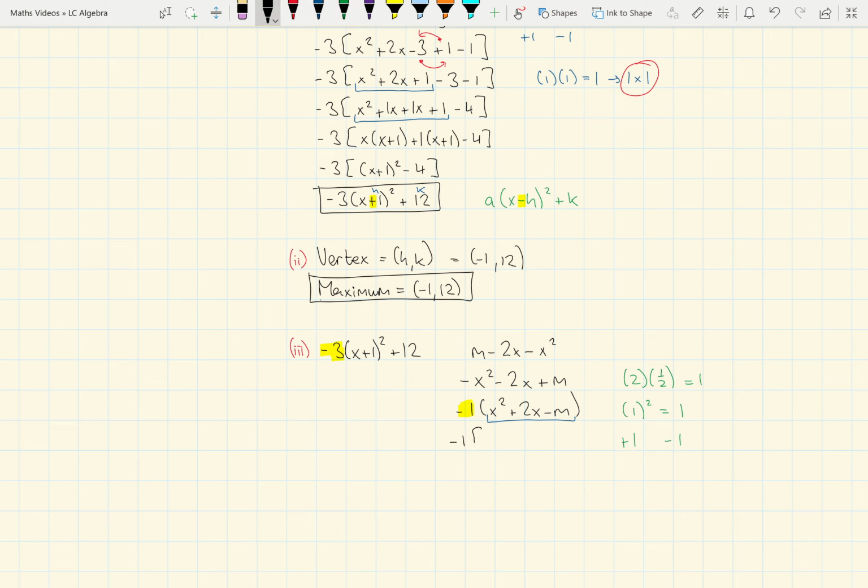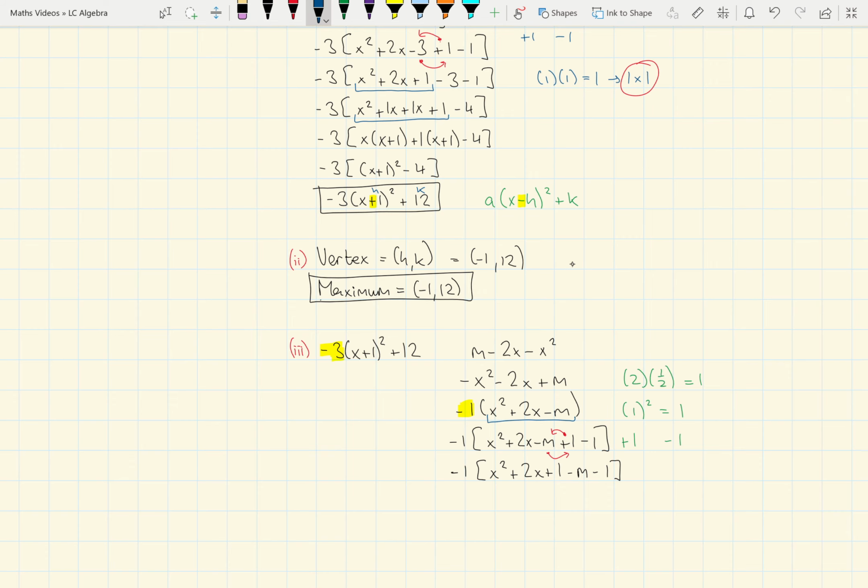So I'll have -1[x² + 2x - m + 1 - 1]. My positive I'll move in, whatever was here I'll move out. And I get -1[(x² + 2x + 1) - m - 1].